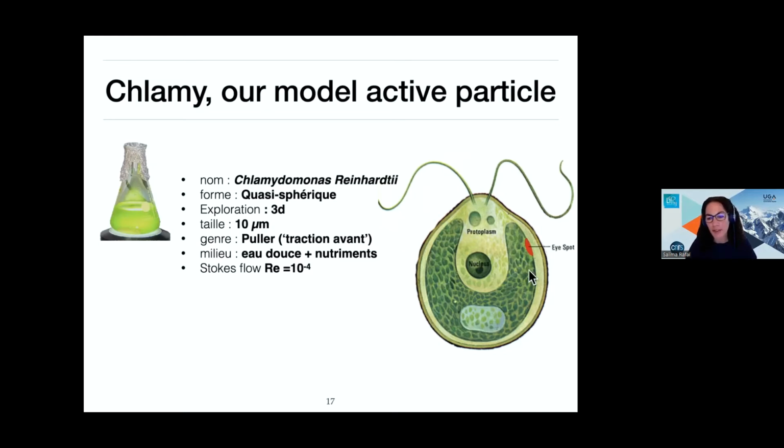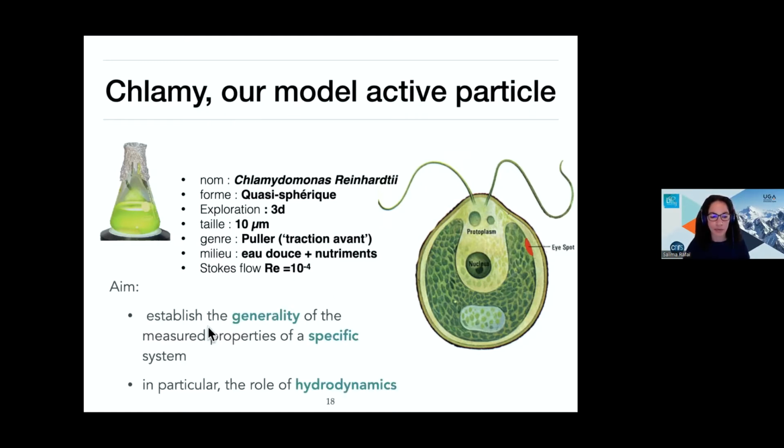The size is big enough so that the thermal fluctuations can be neglected. So it's 10 micrometers in diameter. And it has two flagella on the top that pull on the liquid to swim forward. And it's quite easy to grow in the lab, even when we are physicists. So this is low Reynolds swimming for this microswimmer.